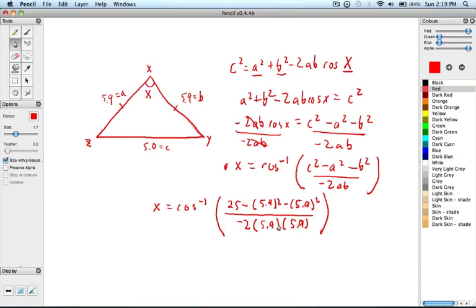And if we plug that all into our calculator, it'll give us X is equal to inverse cos of 0.64, which gives us a degree of 50.1 degrees.